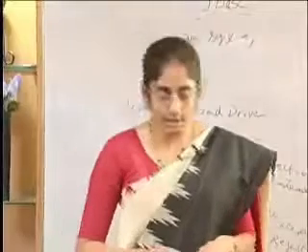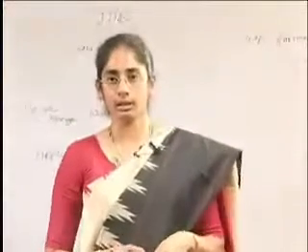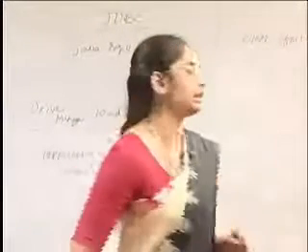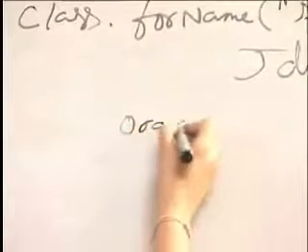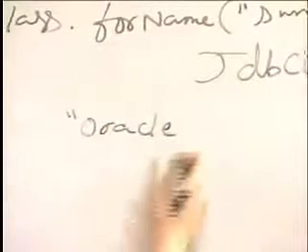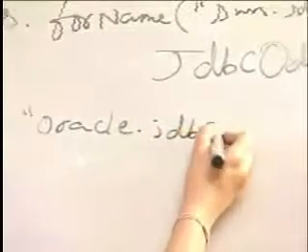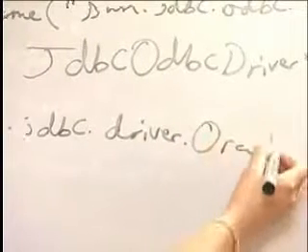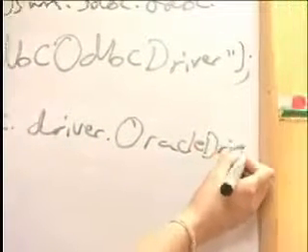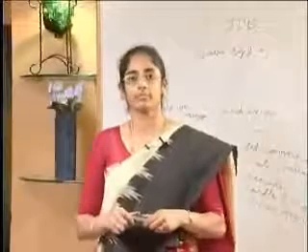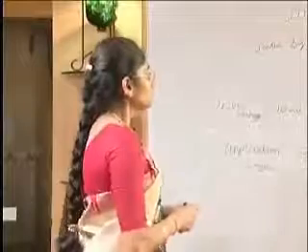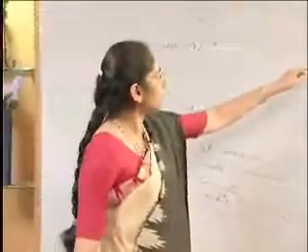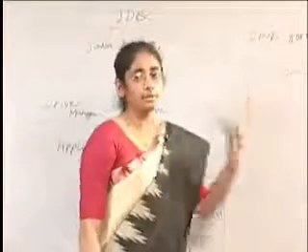If you want to work with type 2 or type 4 driver, let's assume for an Oracle database, then you would specify the string as oracle.jdbc.driver.OracleDriver as a string. So using Class.forName, we load the driver class.